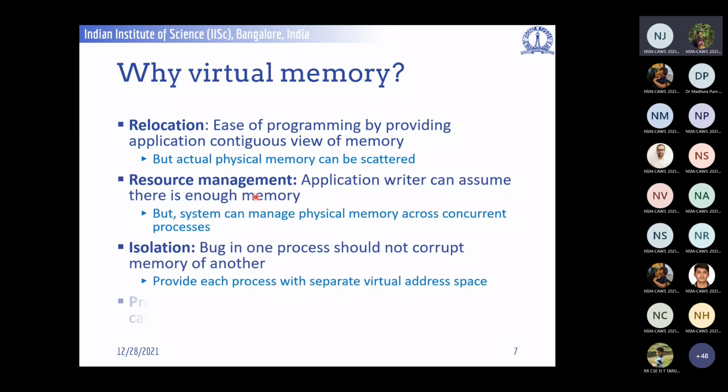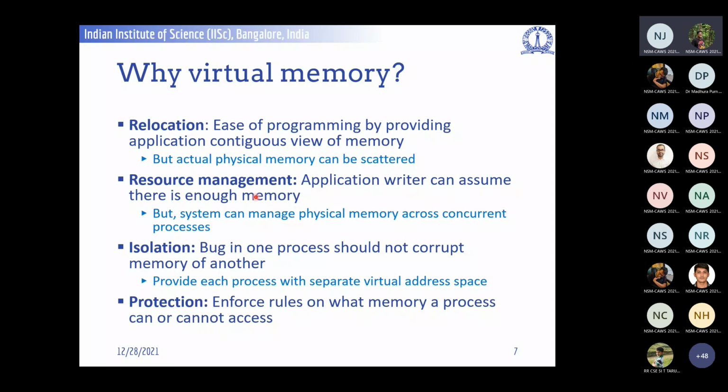The other thing is that what memory is free at any point of time is something the application writer does not need to worry about. The responsibility of managing free physical memory, or DRAM, is on the operating system. The operating system knows what physical memory is free, and it is also responsible for creating the mappings between virtual addresses and physical addresses.